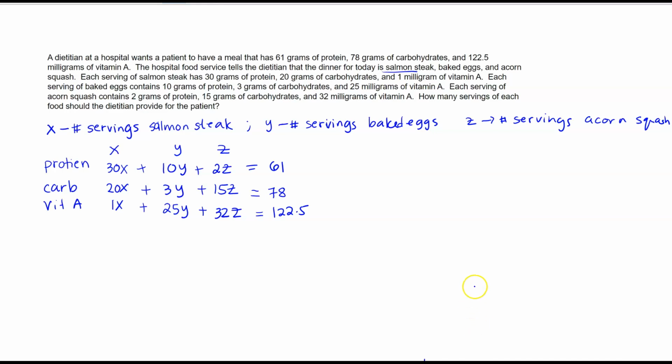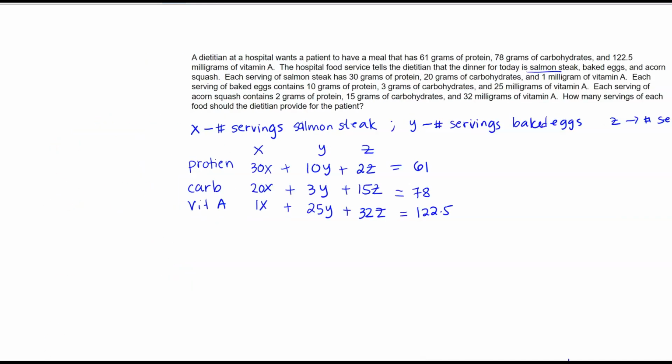To solve this, we are going to use the Gaussian elimination method. So now let's begin by writing the equivalent augmented matrix to the system. We will write it here because we would need a lot of space.